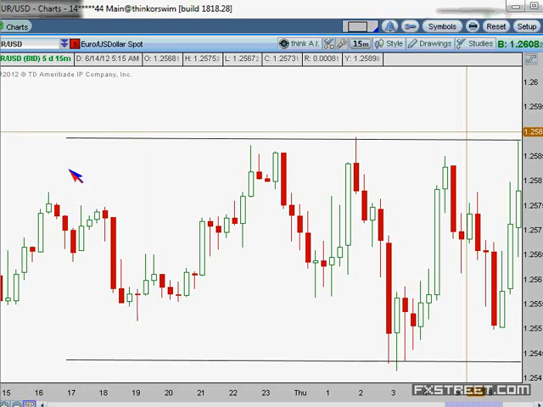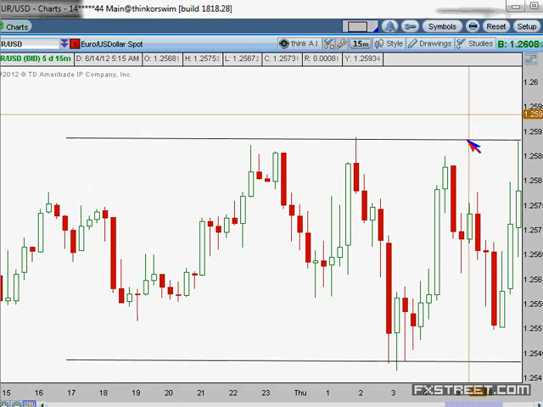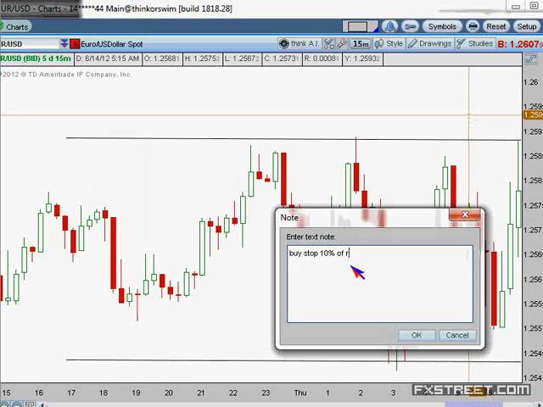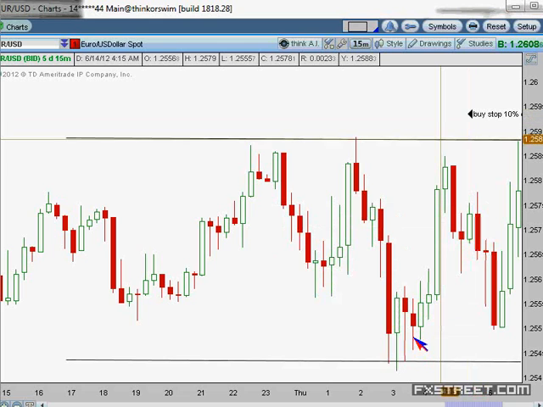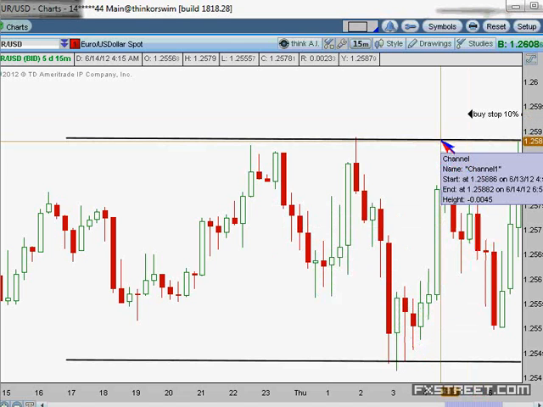And we'll use our text notes. So from 125.88, we'll come up 5 pips to 125.93. Buy stop, 10% of range above resistance. Okay, right there. Now, we'd also come back inside the range 30%. We're going to have to round on this one as well.